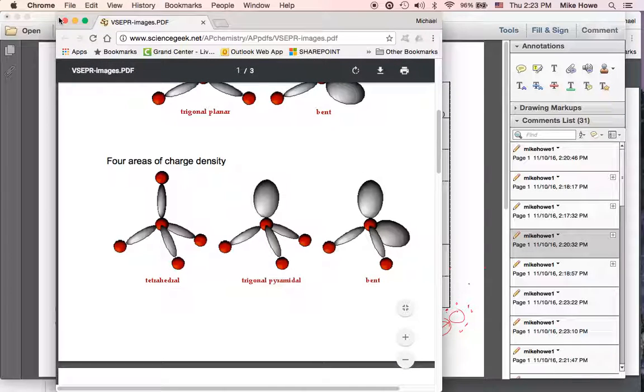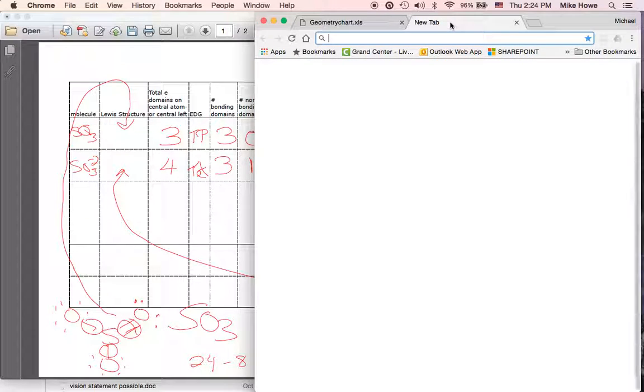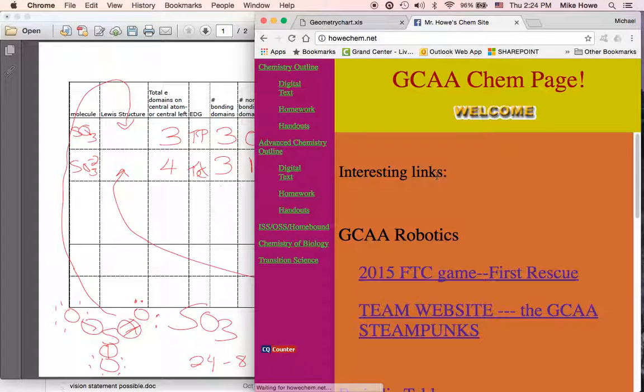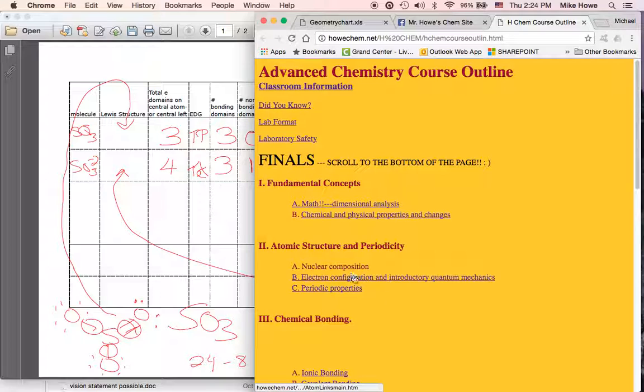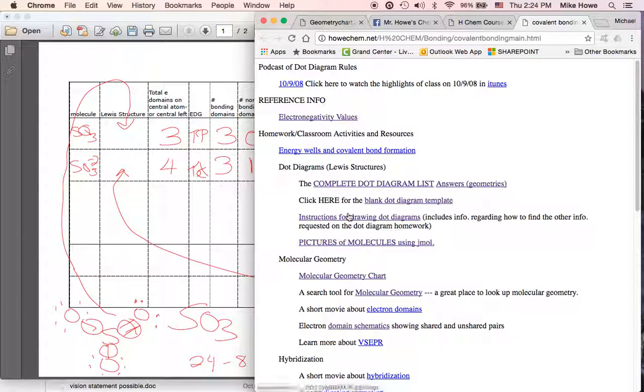All right, and one other thing I'll show you while we're on this video. If I go to the website and click on Advanced Chemistry, then click on the covalent bonding section, there's this place right here where it says pictures of molecules using JMOL. I'll just post that on the homework real quick.